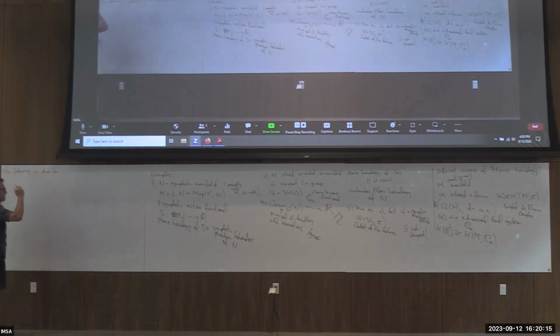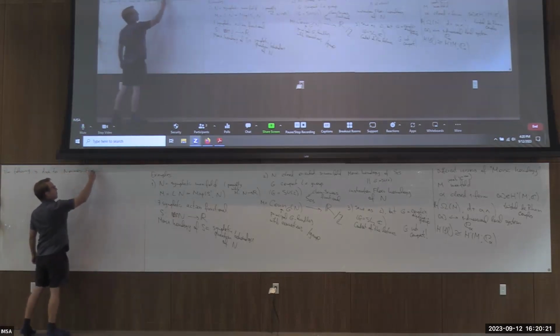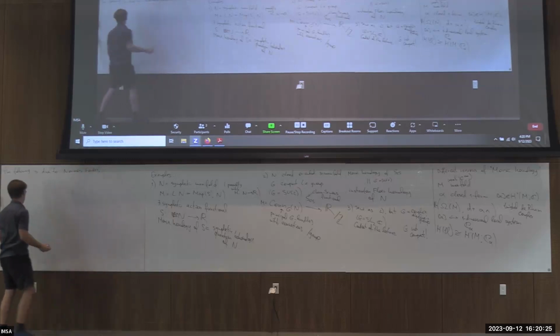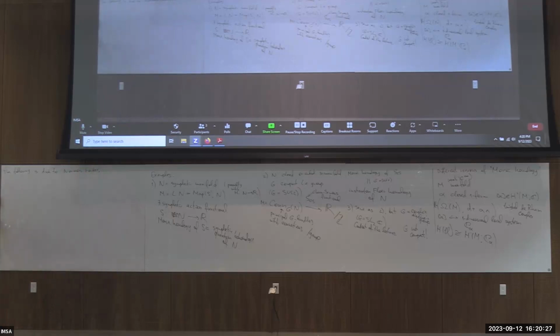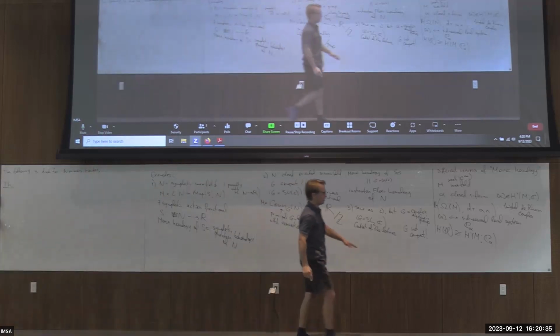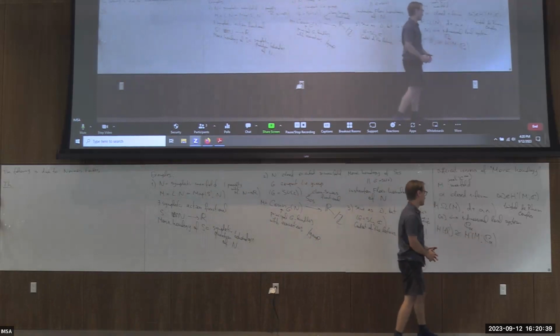I think it's originally due to Novikov, but there are some further works by Farber and other people. So this right-hand side, homology of M, this is just, let's say, singular homology with local coefficients.